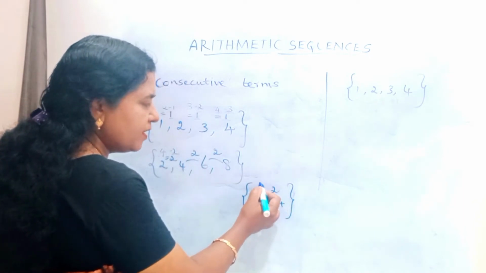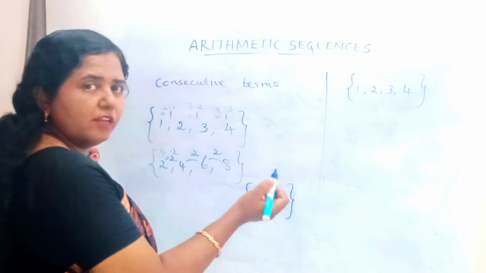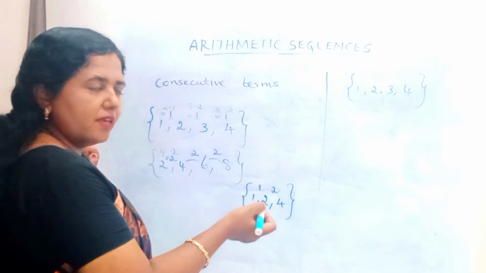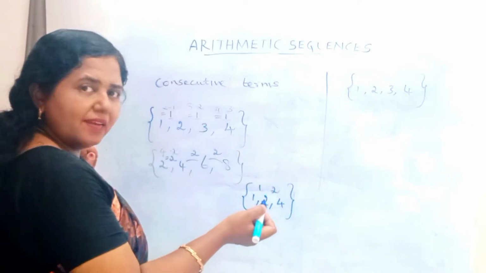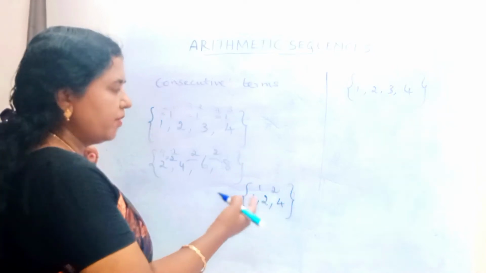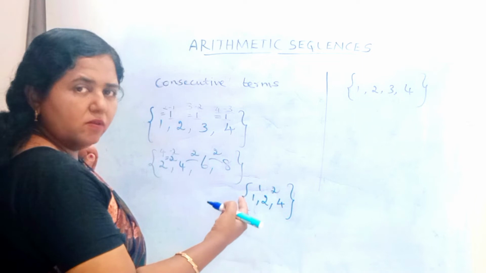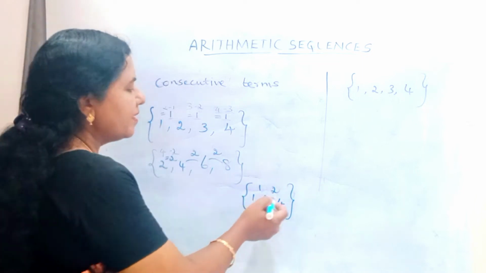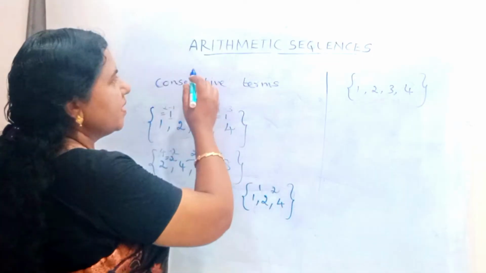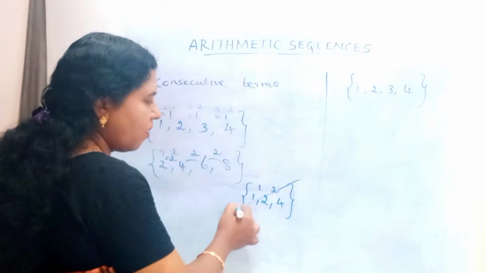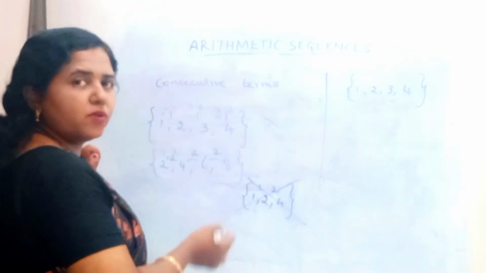So here the difference value is 1 and here the difference value is 2. Both vary. So it means that the difference between the consecutive terms is not the same value. That is, it is not a constant. So this sequence cannot be called an arithmetic sequence.